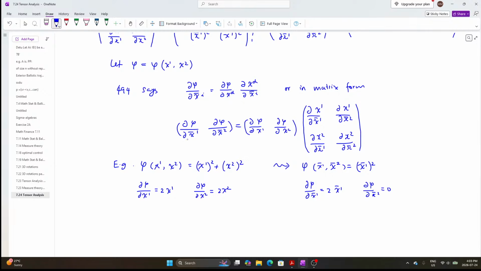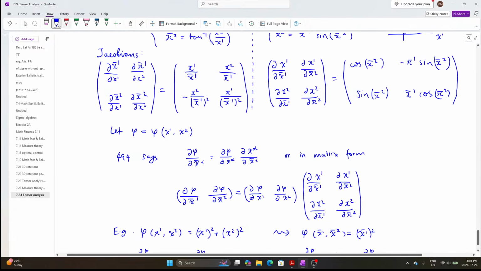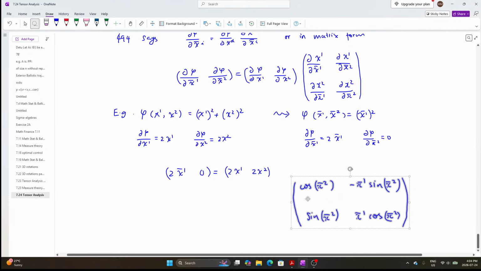So on the left, it should be 2x bar 1, okay, and 0, the row vector. And on the right, you should have 2x1, 2x2, okay? Let's verify if everything still works out.